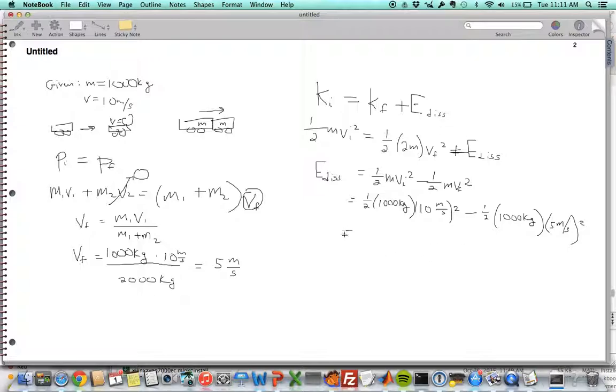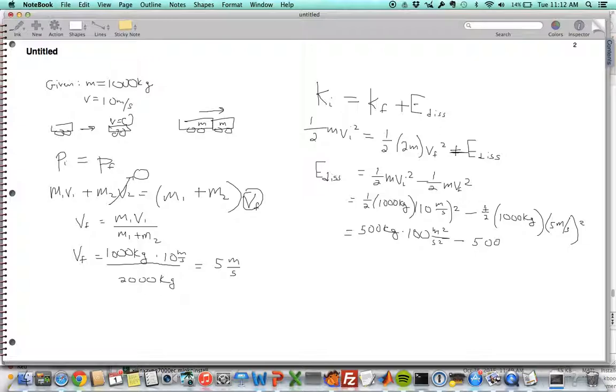So that's going to equal, 1,000 divided by 2 is 500 kilograms times 100 meters squared per second squared minus, again, 500.